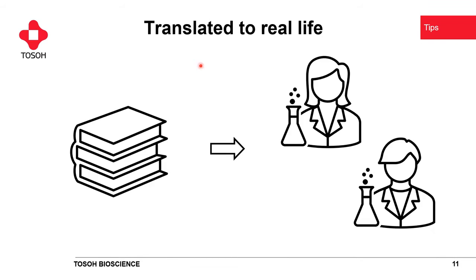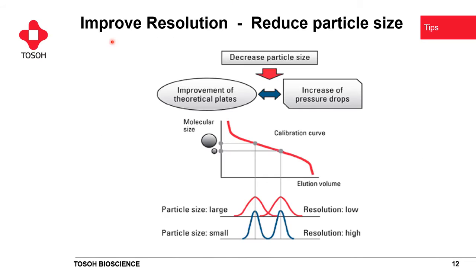In the next step, I would like to take what we just learned from the Van Deemter and resolution calculations and see how we can actually apply that in a real-life example to improve our separations. First, we would like to look at how to improve the resolution. And one thing we just heard is that a reduced particle size has a lower mass transfer resistance, and therefore we will get lower plate heights and a higher number of theoretical plates in a column.